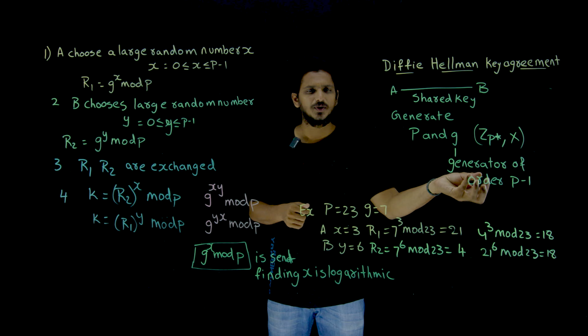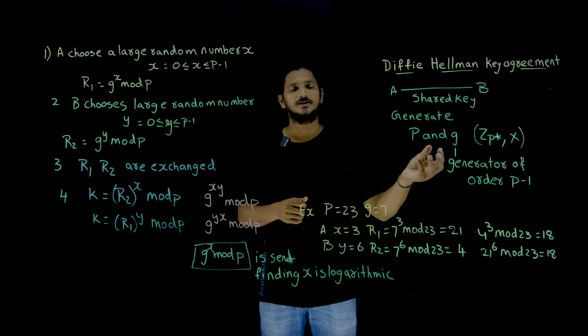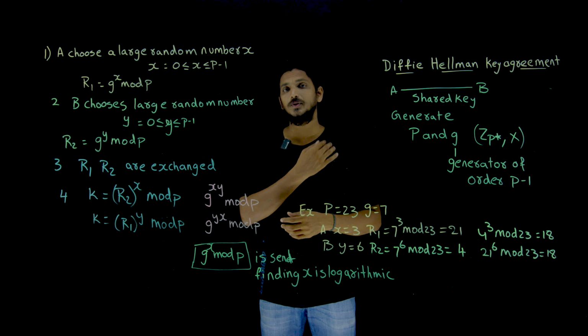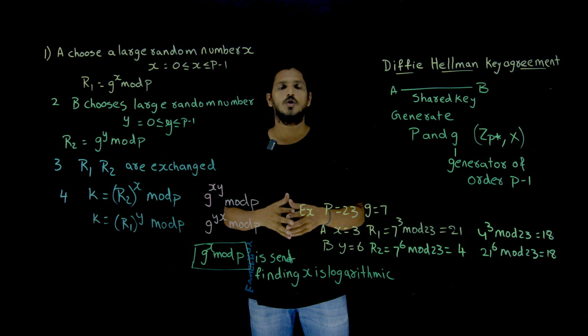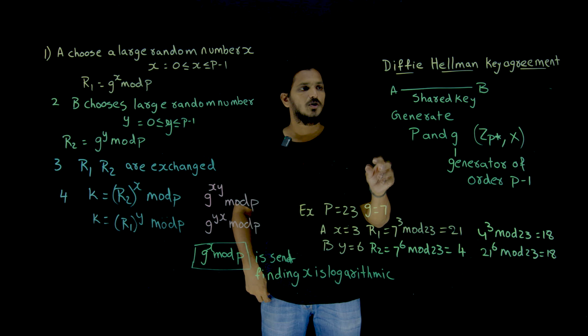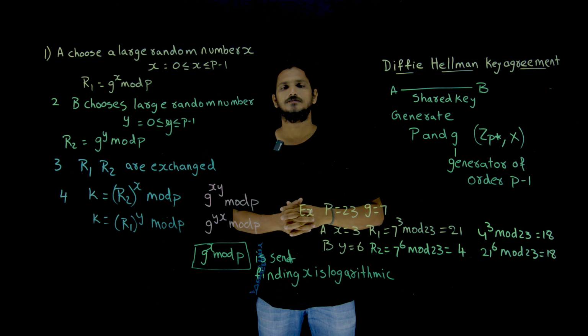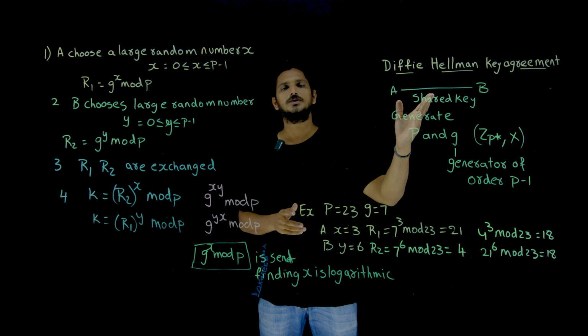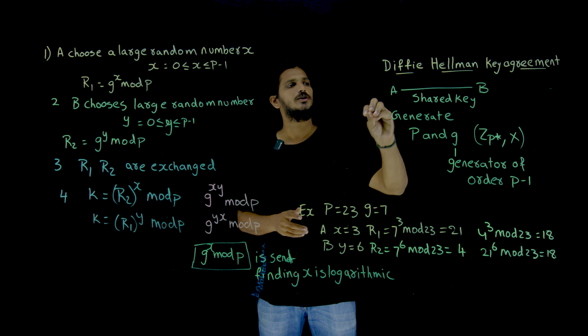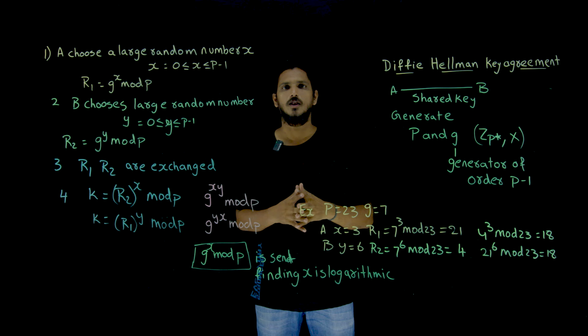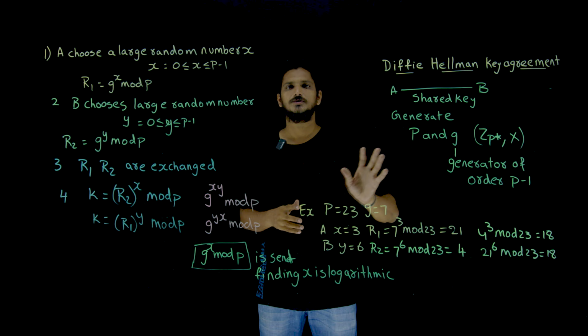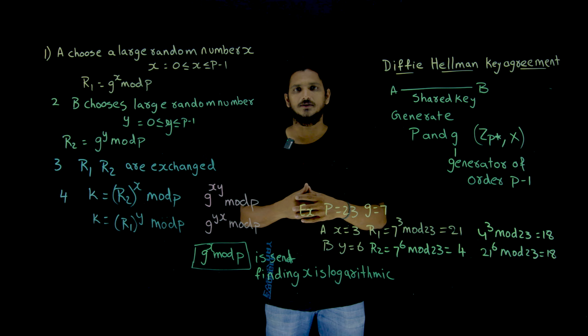The basics of order and generator were already discussed in our previous classes, and I hope you already know those. P and G are openly sent between A and B. Any one of the systems generates the P and G values and sends them to the other. It is open to all. There is no problem with this.